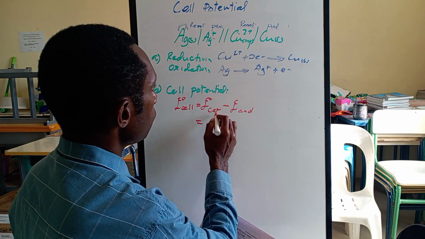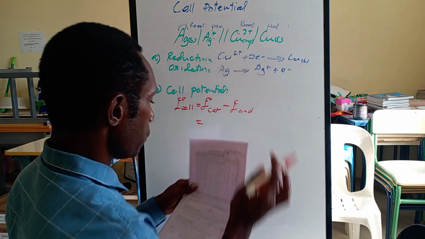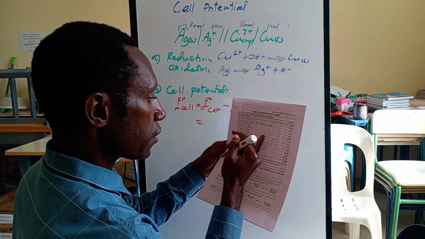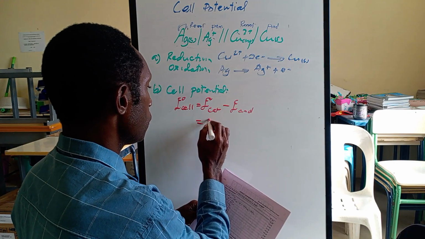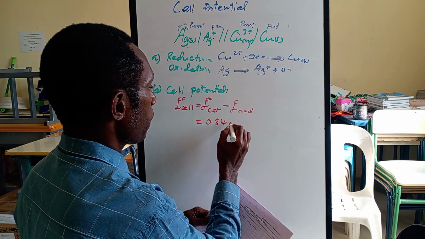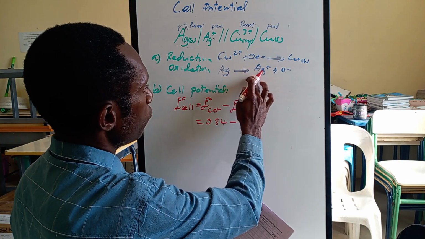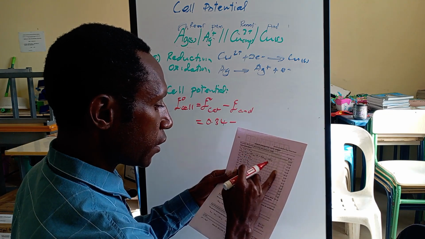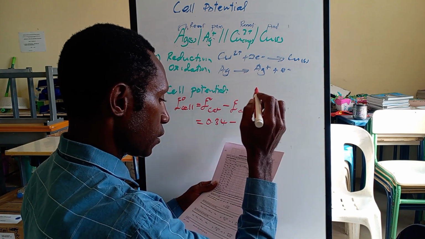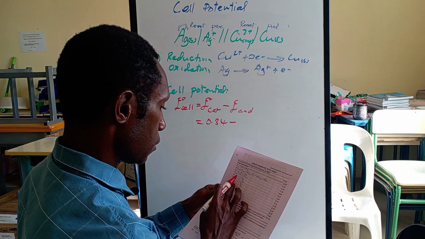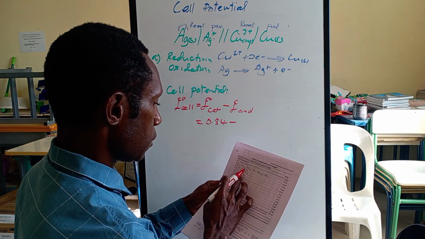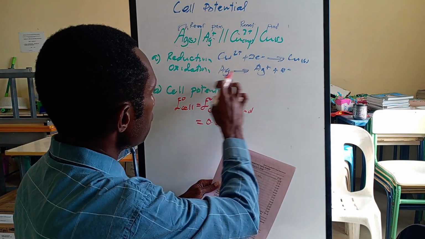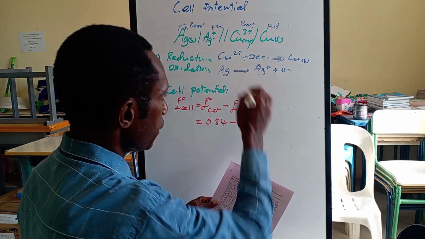So cathode, when you look at this, it's copper, and copper is 0.34 minus, and then when you look at silver, that's for oxidation, so silver will be minus.